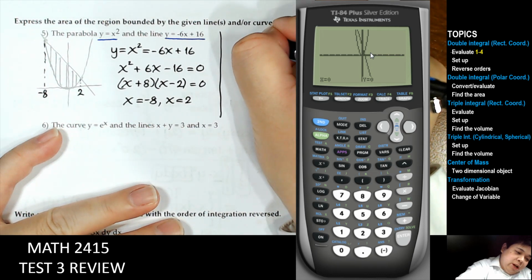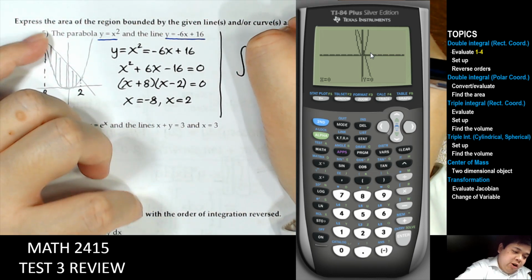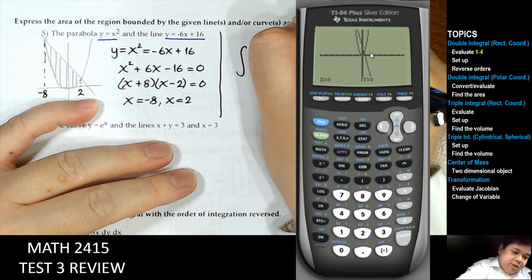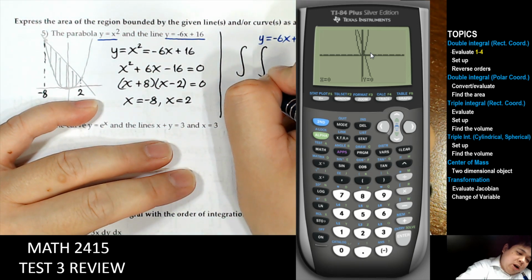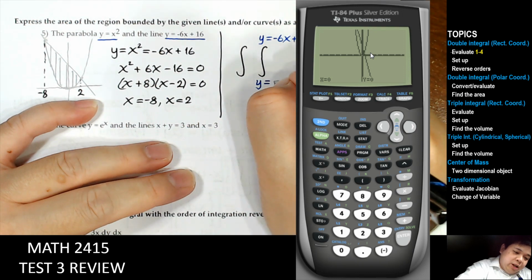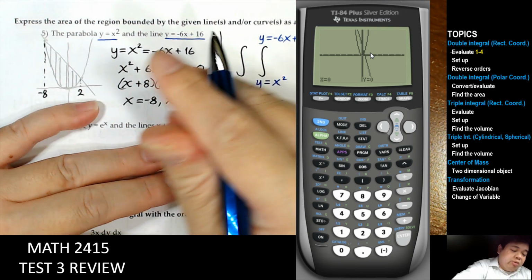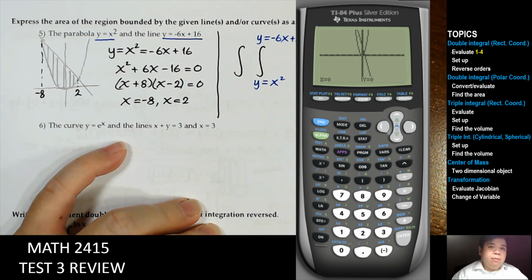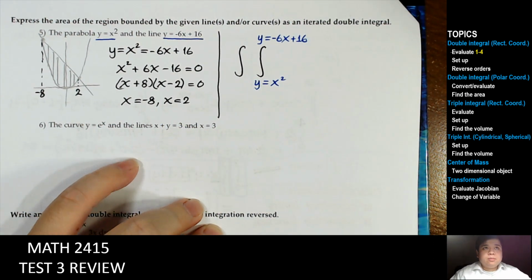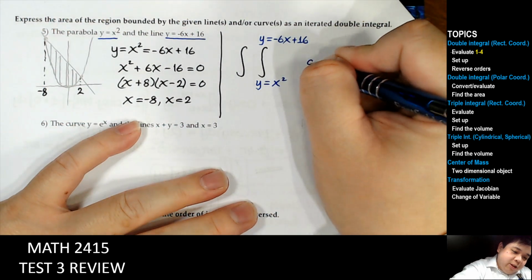So on the top, we're going to have y equal to the function above, negative 6x plus 16. And the bottom is y equal to x squared. So the function above minus the function below. In that case, we're going to have dy.